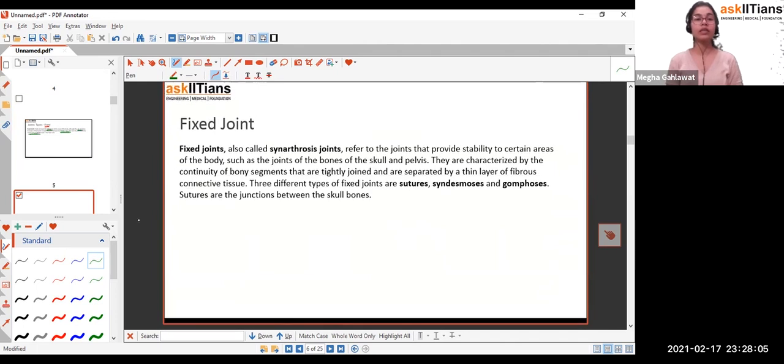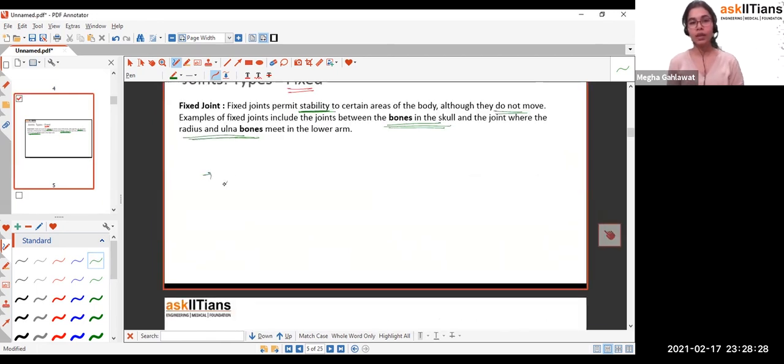On top of that, the fixed joints are also called synarthrosis joints. Understand this: fixed or immovable joints are the kind of joints that never move. There's no movement at all, and mostly they are present in the skull, as I have just given the example, the lower arm bones, and the pelvis region.